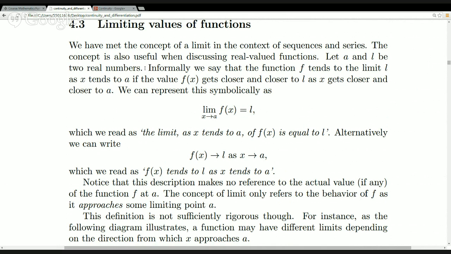And informally, it's the same idea as we've seen before. What this is saying is that the function values f of x are getting closer and closer to the limiting value L as the argument x gets closer and closer to the limiting argument a, if you like.